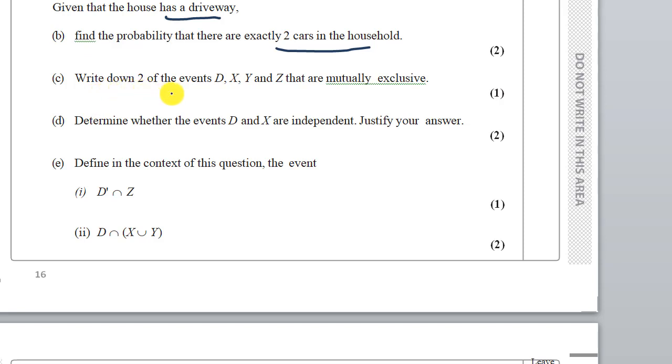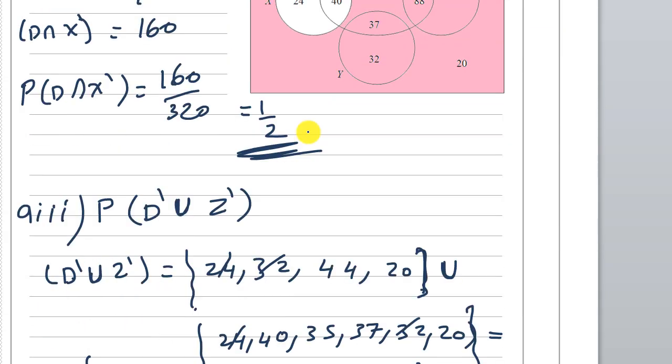Now write down two of the events D, X, Y, and Z that are mutually exclusive. So any one of them, let us write X and Y. Determine whether the events D and X are independent. Justify your answer. So let us see.